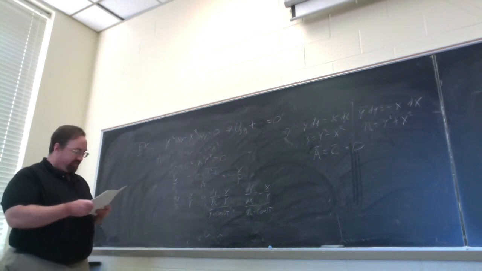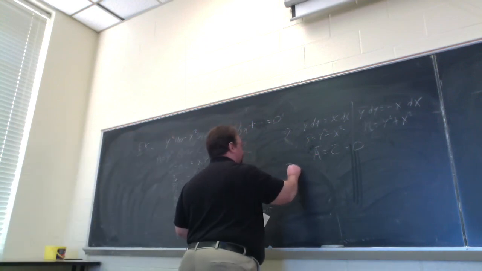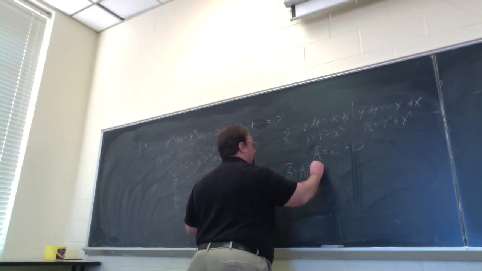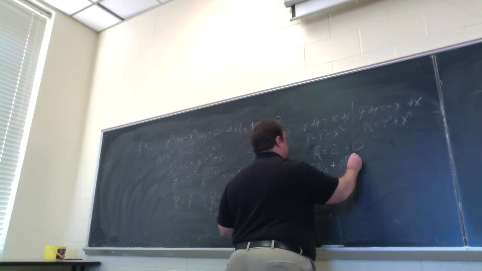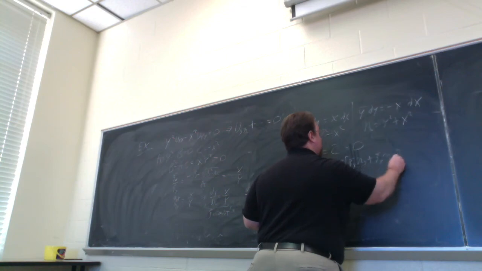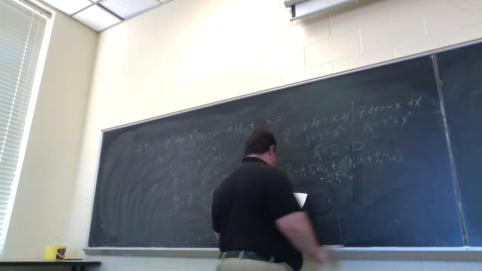Okay. So now, my formula for B bar, to get my principal part, is the original A, xi x eta x, plus B, xi x eta y plus xi y eta x, plus C, xi y eta y.